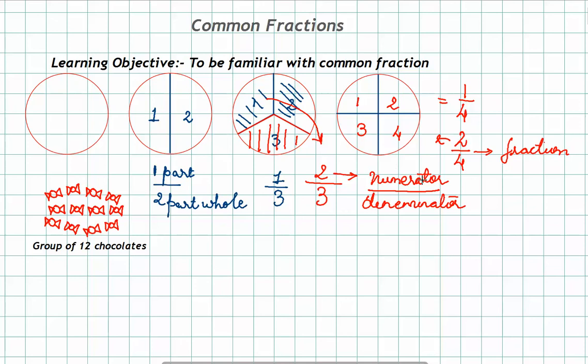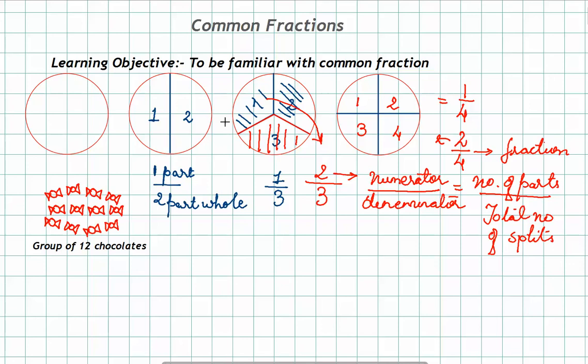So the numerator is a number which represents the number of parts of the whole, while the denominator represents the total number of splits, or you can say the total number of parts in which the whole is divided.